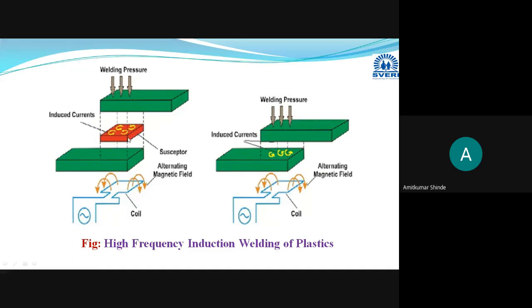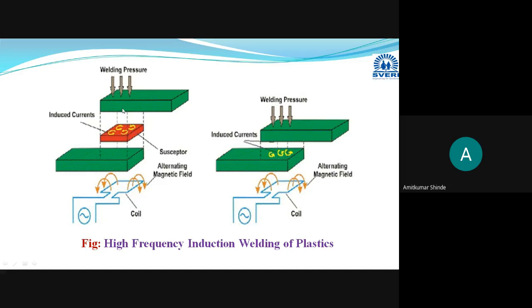And now this metal insert will provide heat by thermal conduction to the two plastic materials which we want to join, since this metal susceptor is at a high temperature.